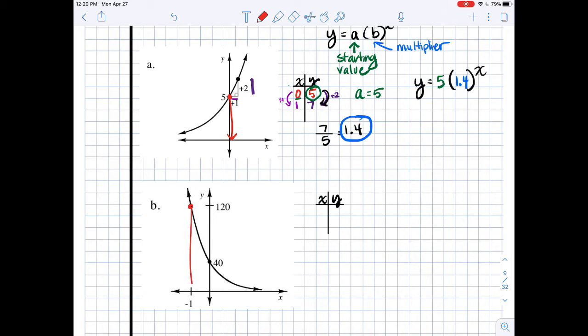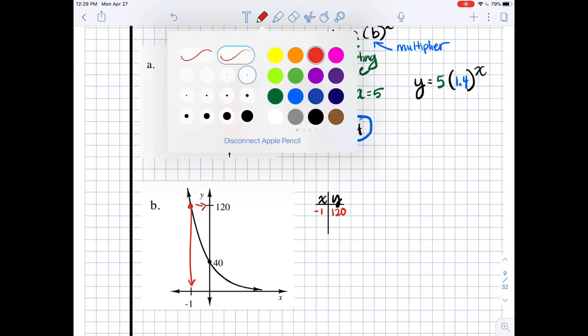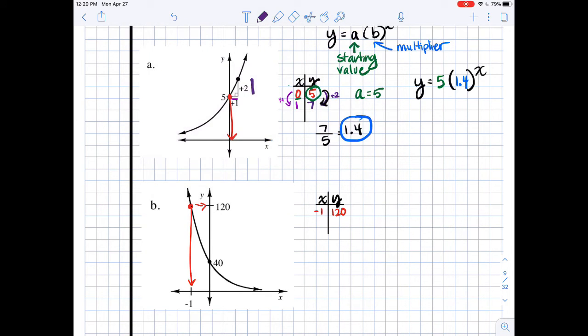So our x value is going to be -1, and our y value is going to be 120. We also know our next value. So our x value is going to be 0, and our y value is going to be 40.